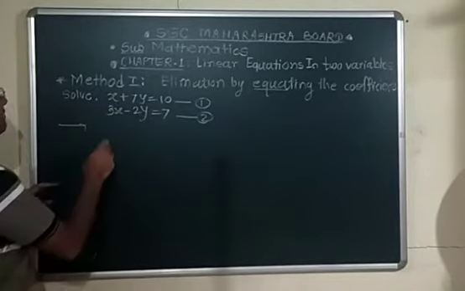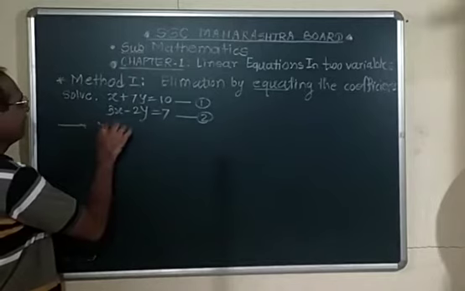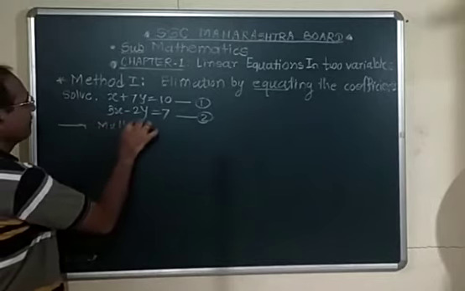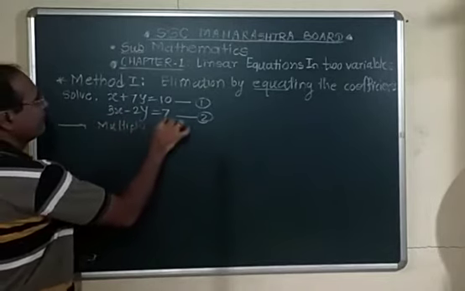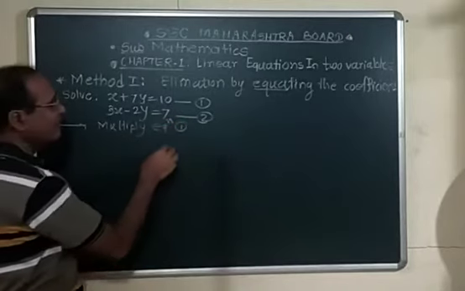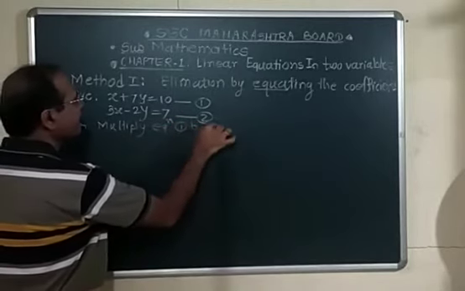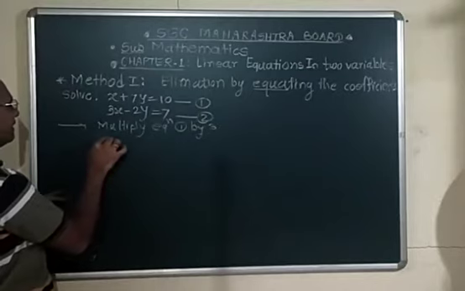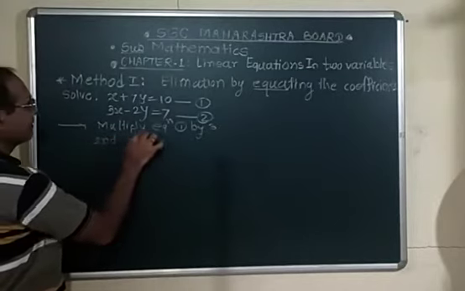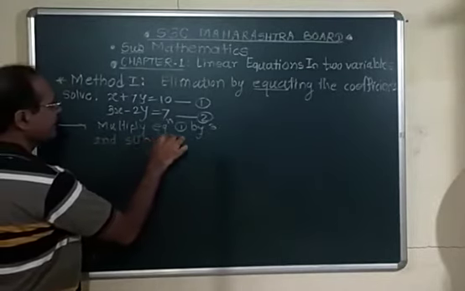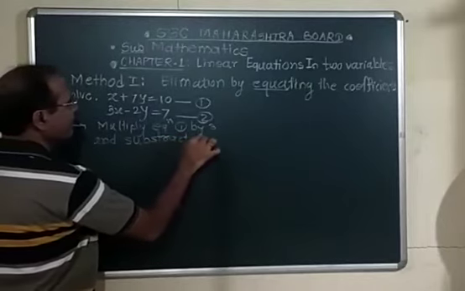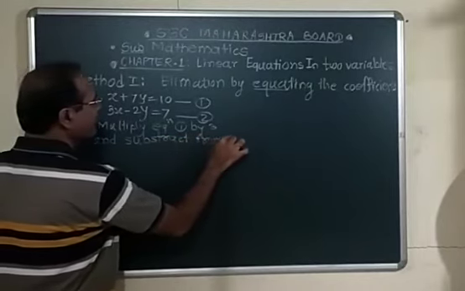Let us see what will happen. Multiplying equation 1 by 3 and subtracting from 2.